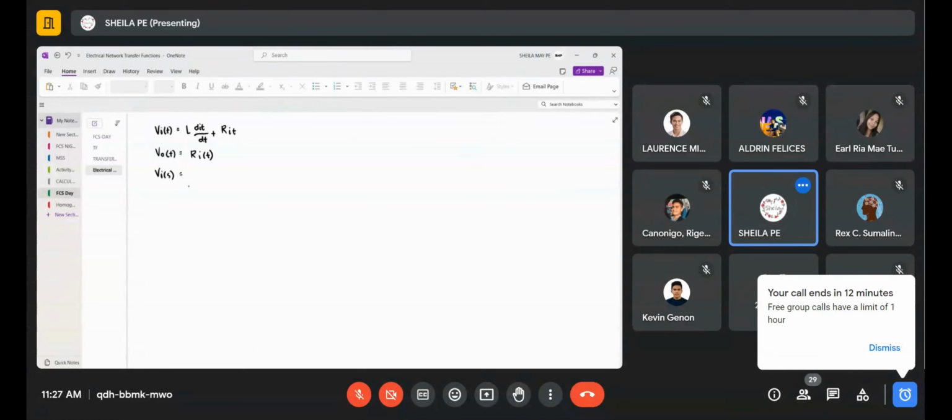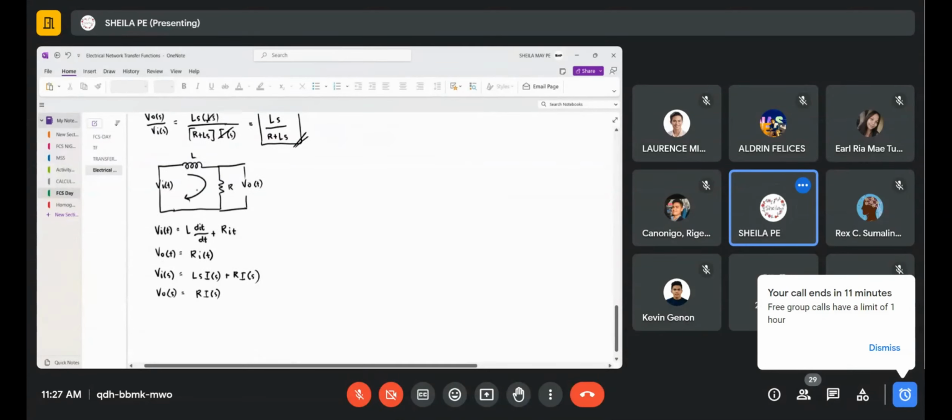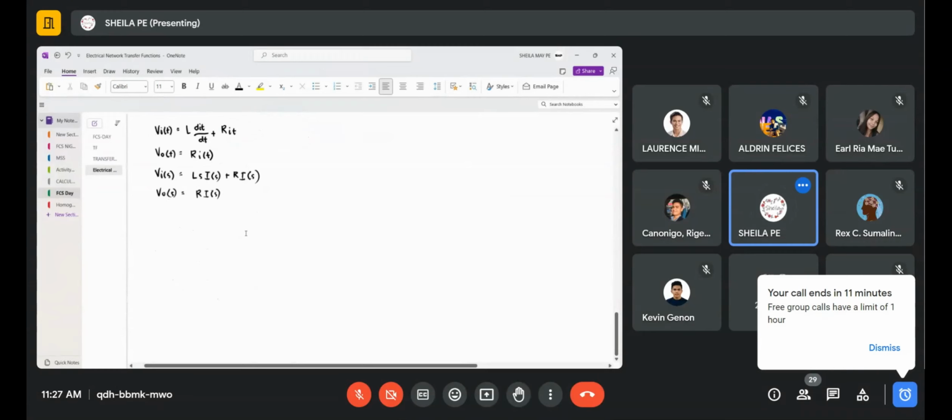Taking the Laplace, that's L s I(s) plus R I(s). So V(s) equal to R I(s).